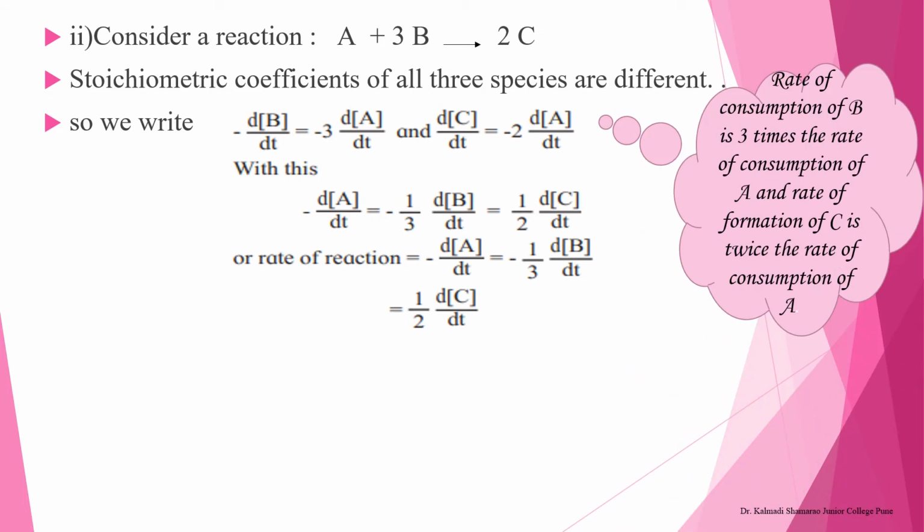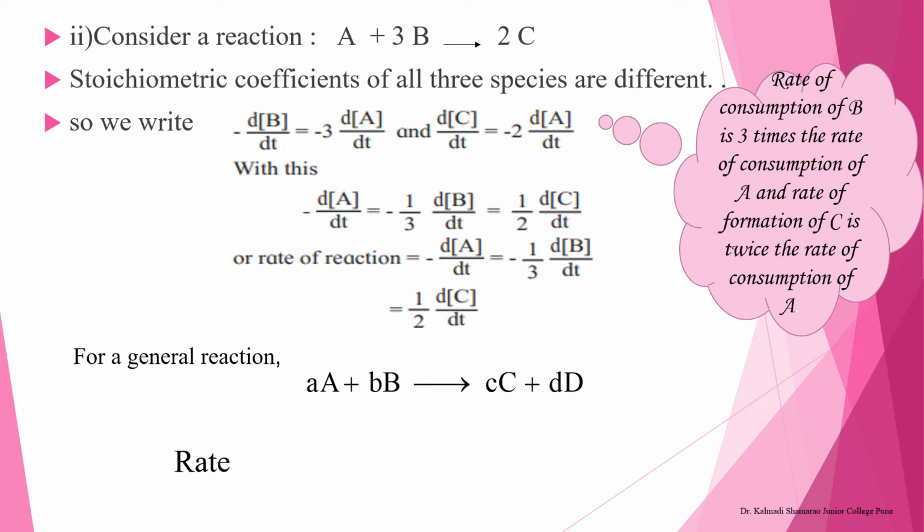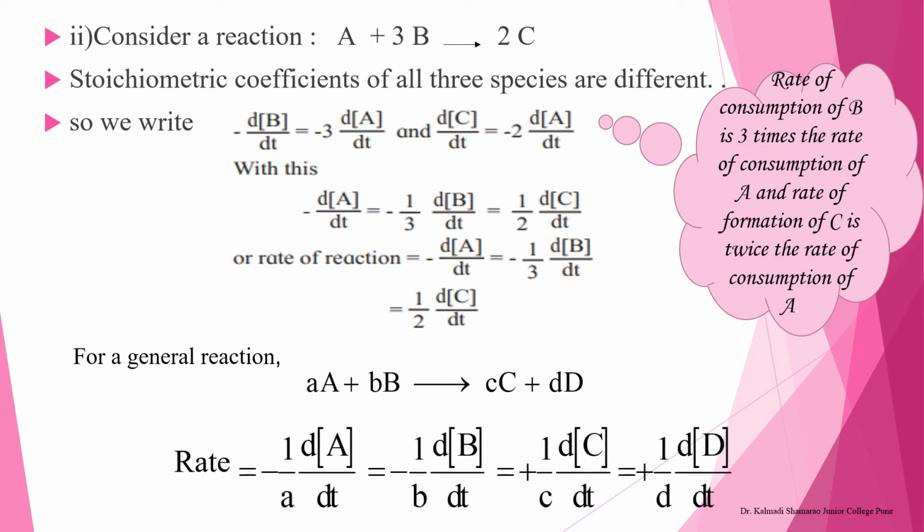This is because the rate of consumption of B is 3 times the rate of consumption of A and rate of formation of C is twice the rate of consumption of A. If we consider any general reaction like this, where a moles of A reacts with b moles of B to give c moles of C and d moles of D, then the rate is given like this.